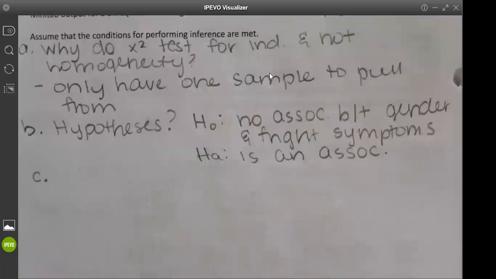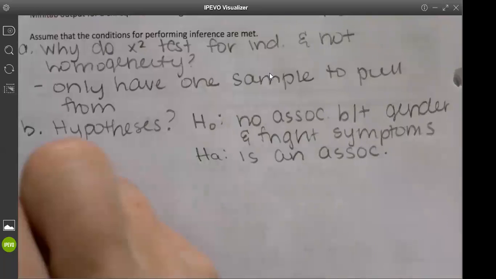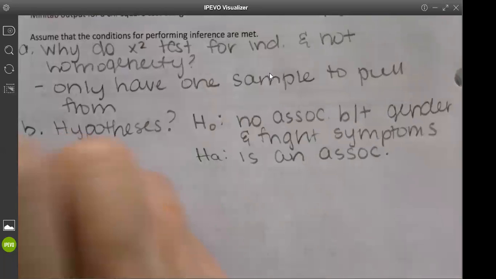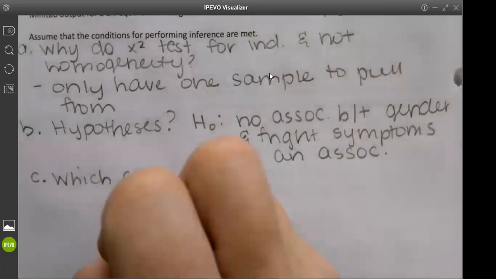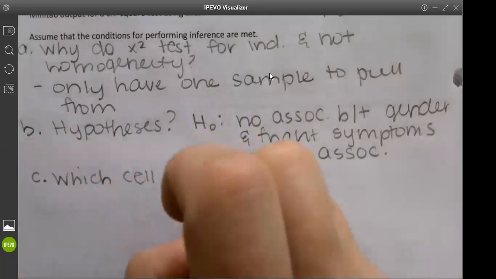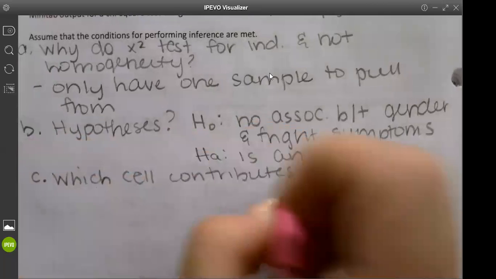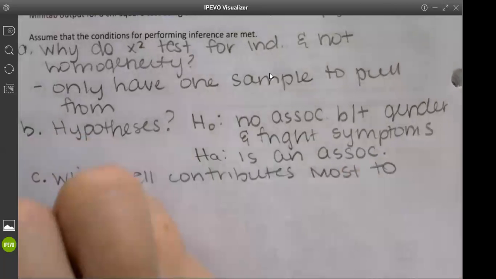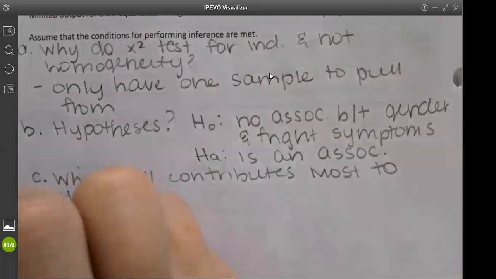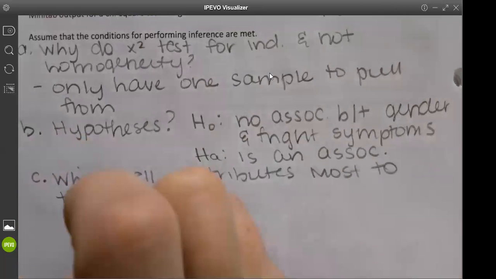All right, so on part C, I'm going to have to show you my book in just a second, so just give me a minute. So this question is not going to make any sense until you see that Minitab output, okay? So which cell contributes most to the chi-square statistic?